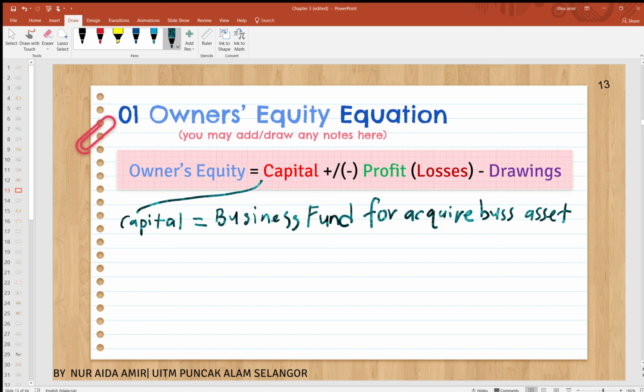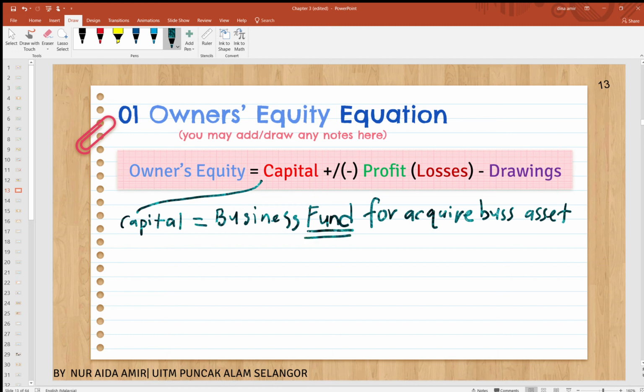Capital ni macam bila you nak buat business, macam I cerita tadi, you nak buat bakery shop, you kena ada capital. So capital ni macam mana you nak dapat? Iaitu you pinjam lah daripada mak you ke, ayah you dulu ke, bank ke. So that is the capital which we call as a business fund.